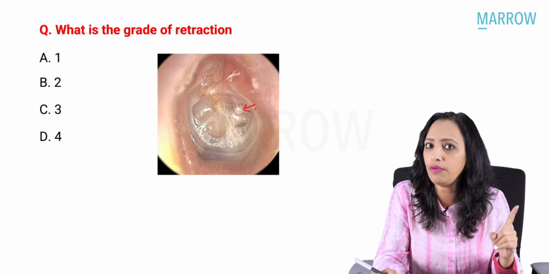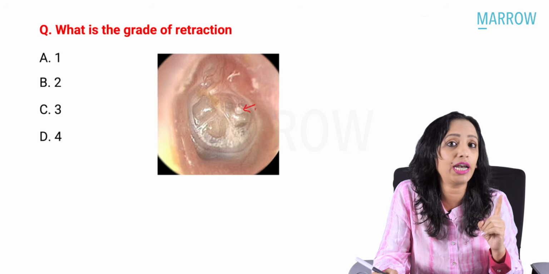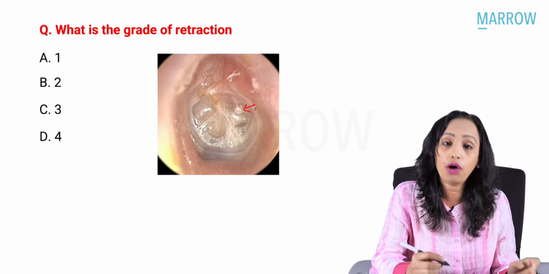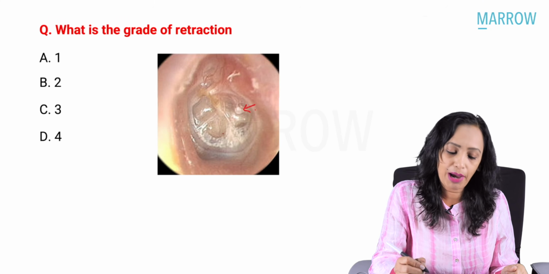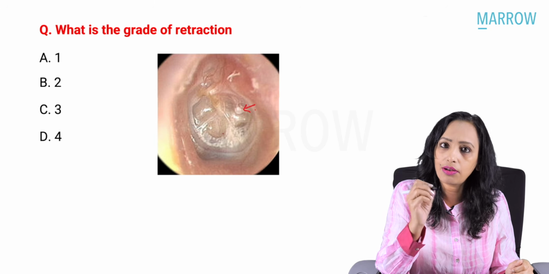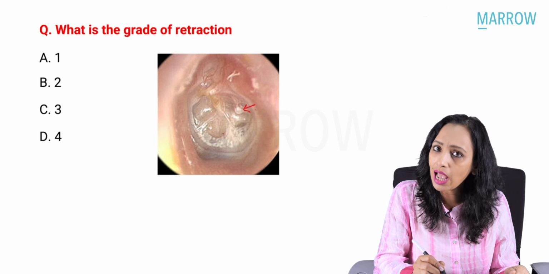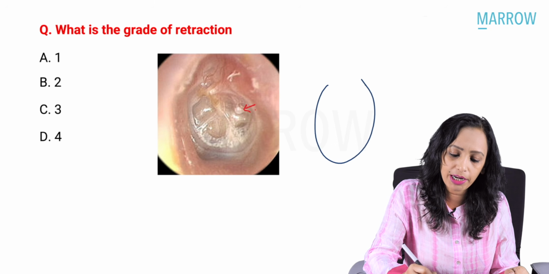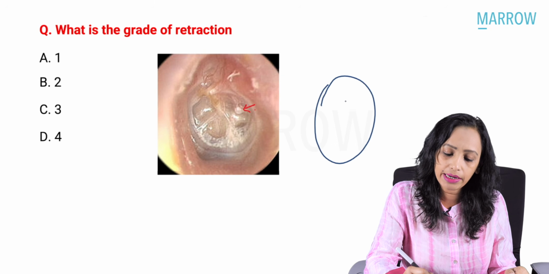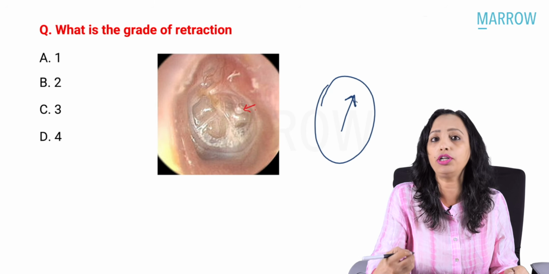The first is always that you will have to identify which tympanic membrane it is, or which side of the ear it is. So, if this is the tympanic membrane, is it the right or the left tympanic membrane? How do we identify that? I have told you that we should consider the tympanic membrane like a clock, and the handle of malleus like the long arm of the clock with the arrow at the top.